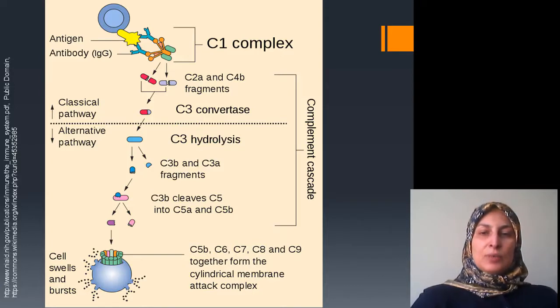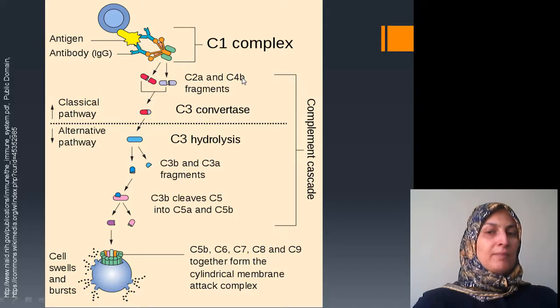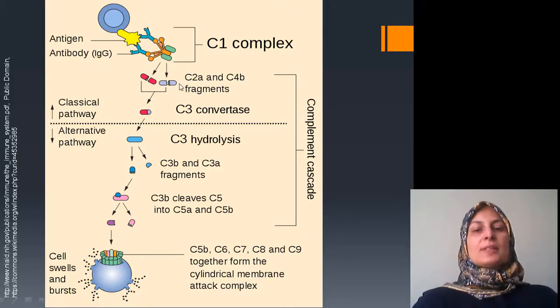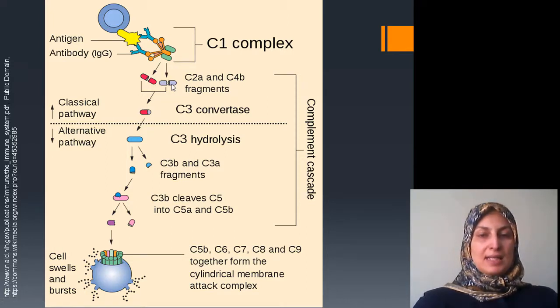The other thing we see here is the a and b. When the complement protein is activated, it usually divides into two fragments. So they decided to call the big fragment b and the small fragment a.